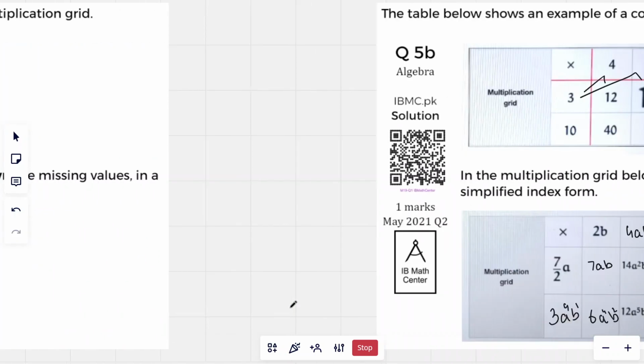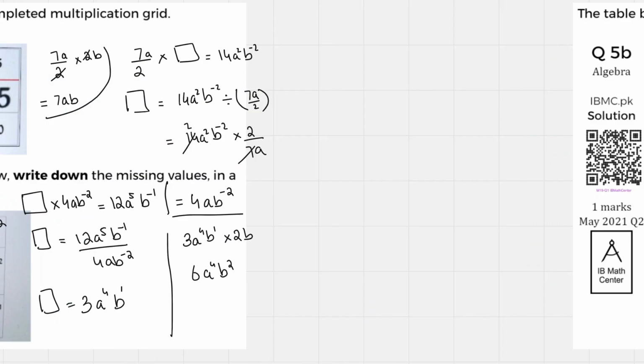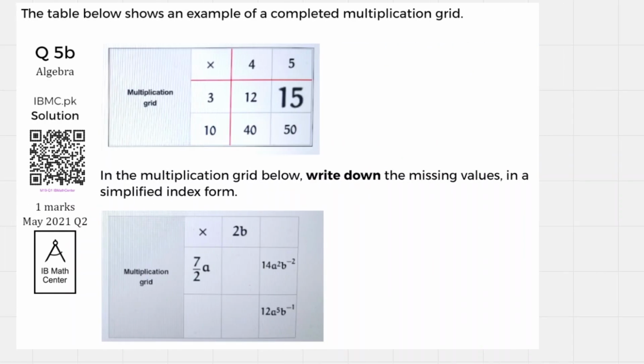For those of you who would like to look at the solution, feel free to pause the video here. And for those who are here for detailed explanation, let us begin.